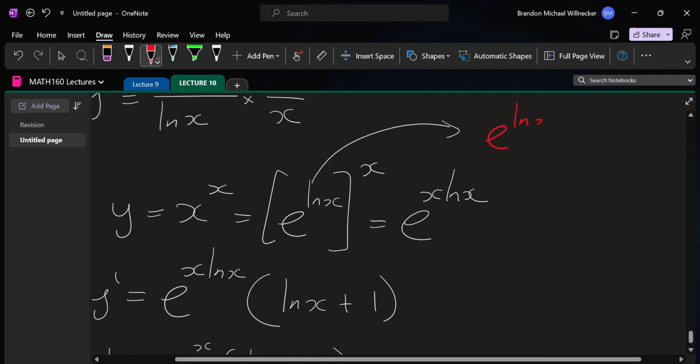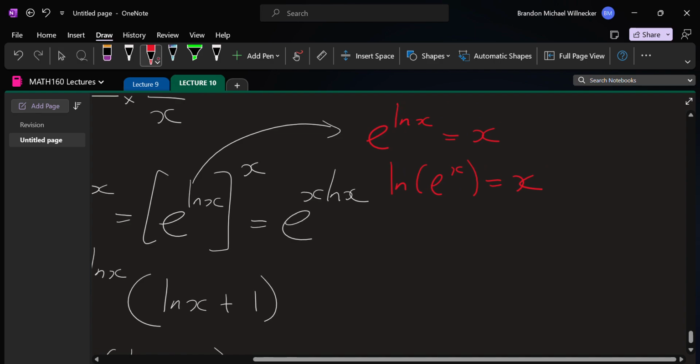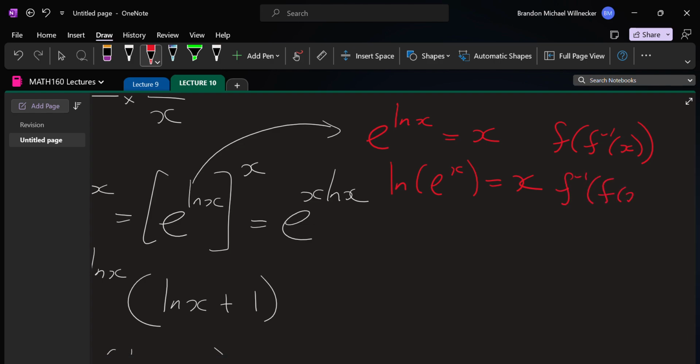Any issues with this? Yeah, so e and the natural log, those are inverses. So they always cancel. So here, there's the two ways of writing it. So e to the natural log of x, that's just x. And the natural log of e to the x, that's also x. It's like the f of f inverse and f inverse of f.